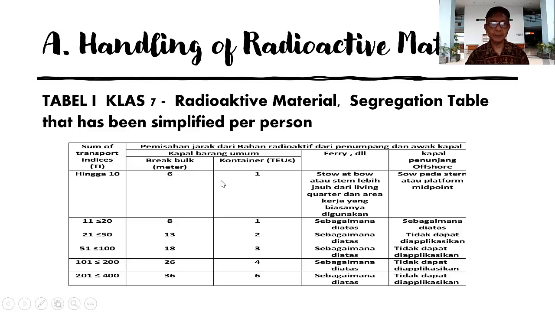Actually, it is the same distance. 6 meters is equal to 1 container, or 1 TEU.